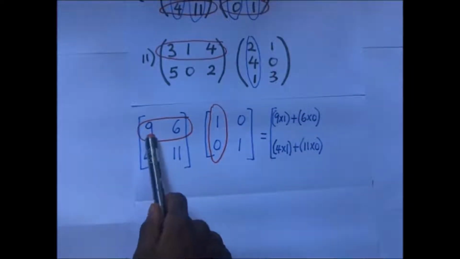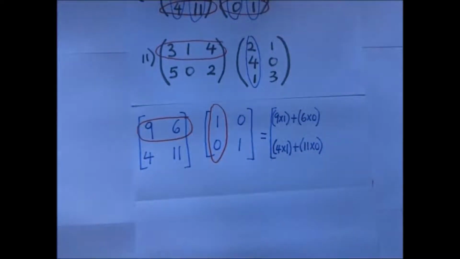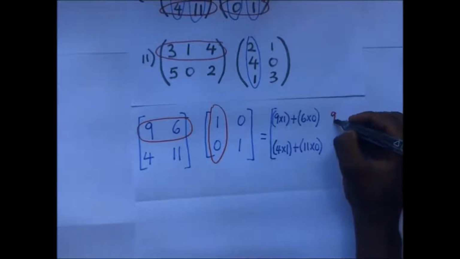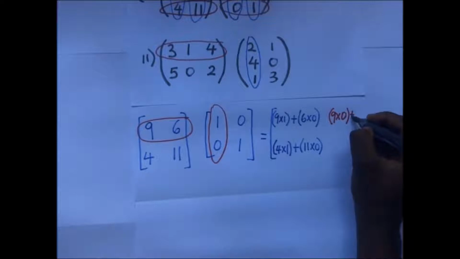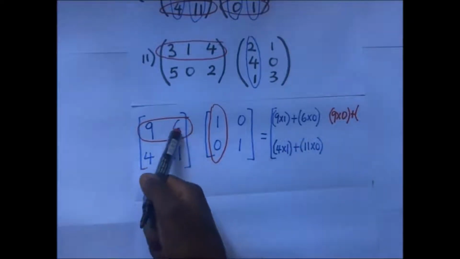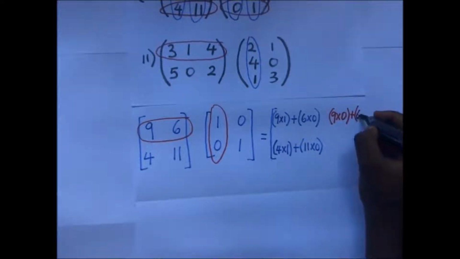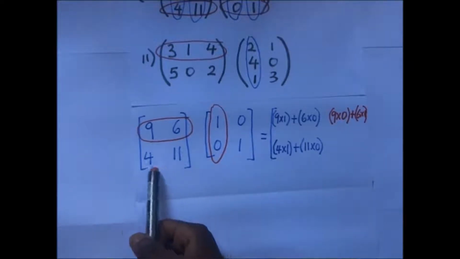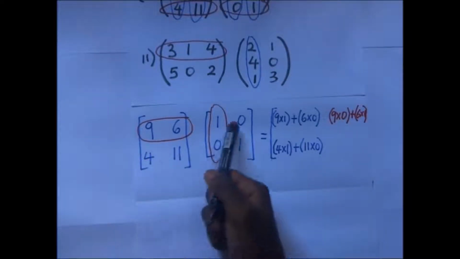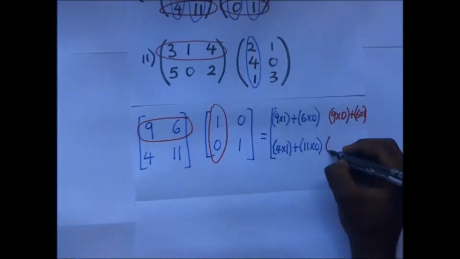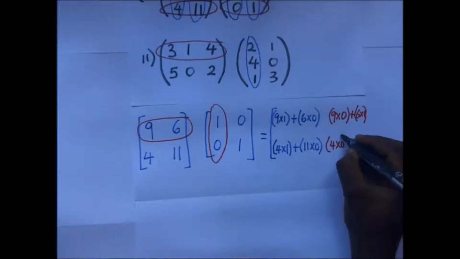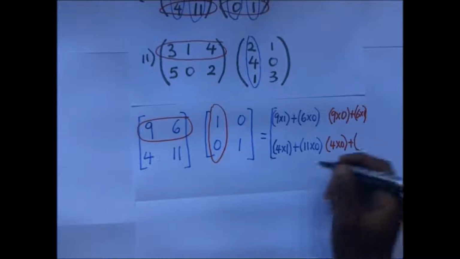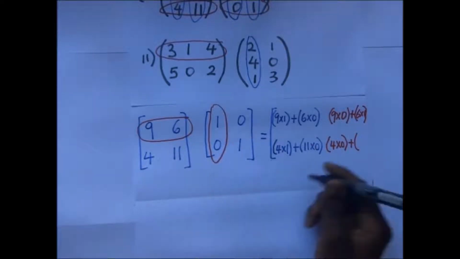So it is 9 times 0 plus 6 times 1. Then down here, we have 4 times 0 plus 11 times 1.